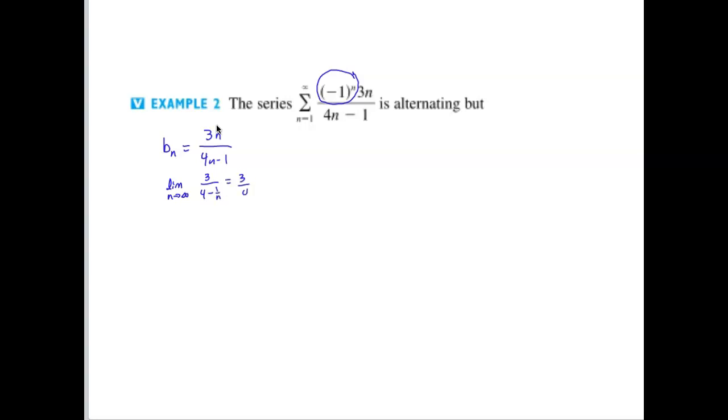That comes out to 3/4, which is not 0. So my condition for the alternating series test is not satisfied.